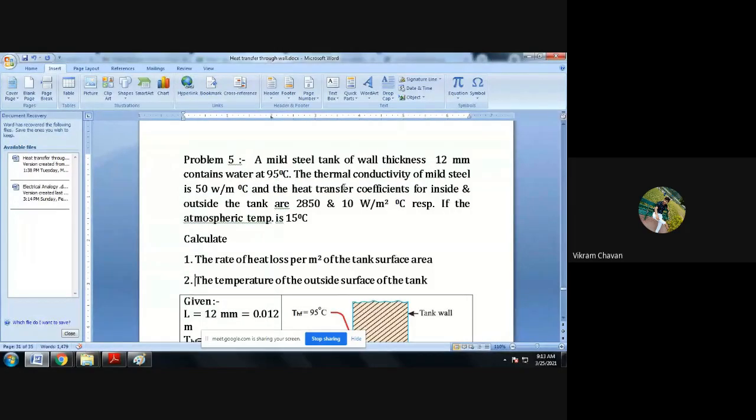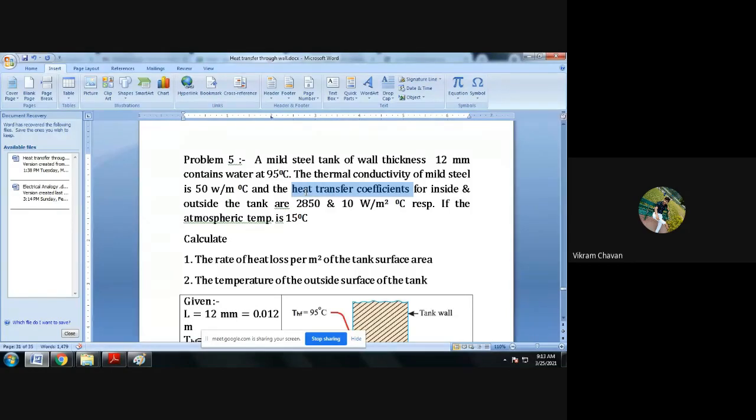Then thermal conductivity of the mild steel tank is provided, and it is equal to 50 watt per meter degree Celsius. Then the heat transfer coefficient for the convection mode of heat transfer.